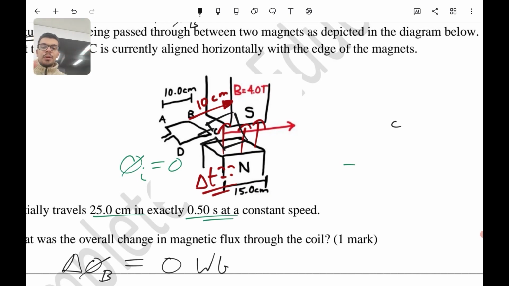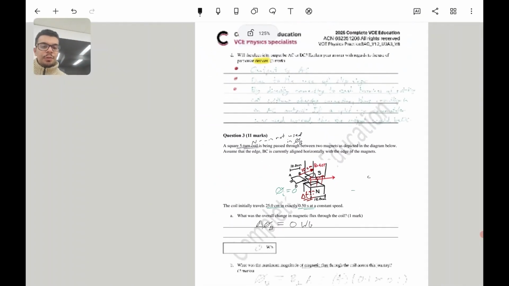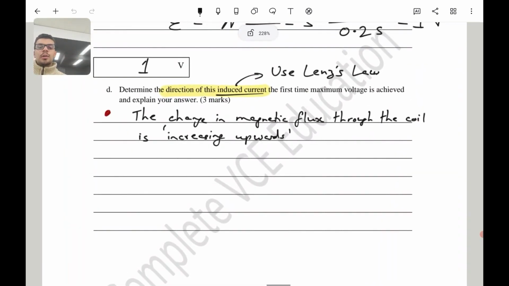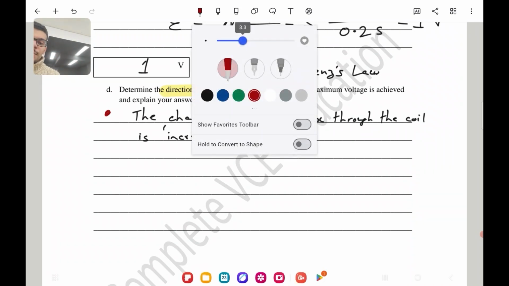The number of magnetic field lines that are passing through the area of the coil increases as the coil enters the magnetic field. Now here for the first step, I didn't give the definition for Lenz's law since this is only a 3-marker question. If this was a 4-marker question, I would also, in the first step, mention the definition of Lenz's law too. But anyways, let's move on.